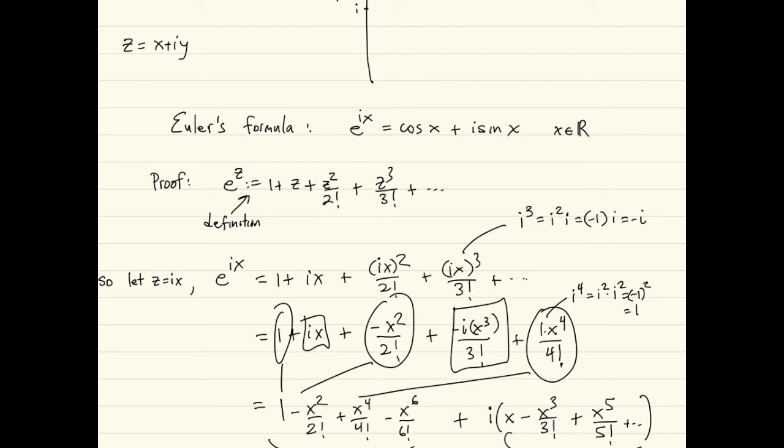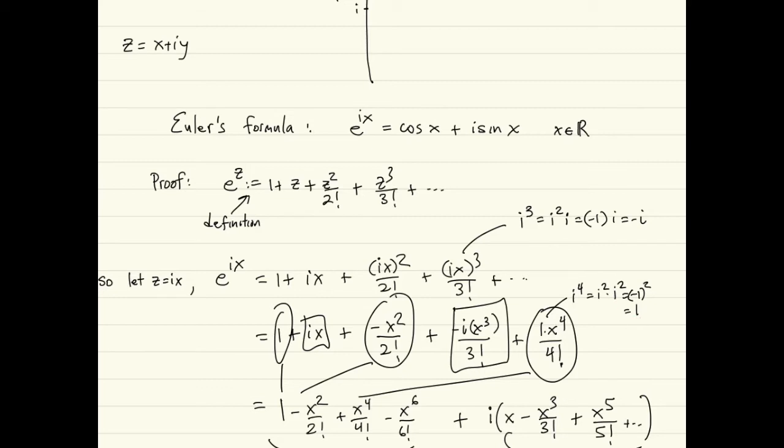This i squared turns into -1, and so this circled part is a real number. x squared over 2 factorial, that's a real number. This part here that I've boxed is an imaginary number. It will have some i times some real number. And this part here is circled, and so it's a real number because i to the 4th is i squared times i squared, which is 1.